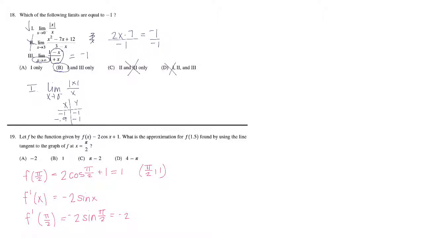So let's go ahead and write the equation of our line. We have everything that we need. So we have y minus 1 equals -2 times x minus pi over 2. Now let's go ahead and move our 1 over, and we can go ahead and approximate also.